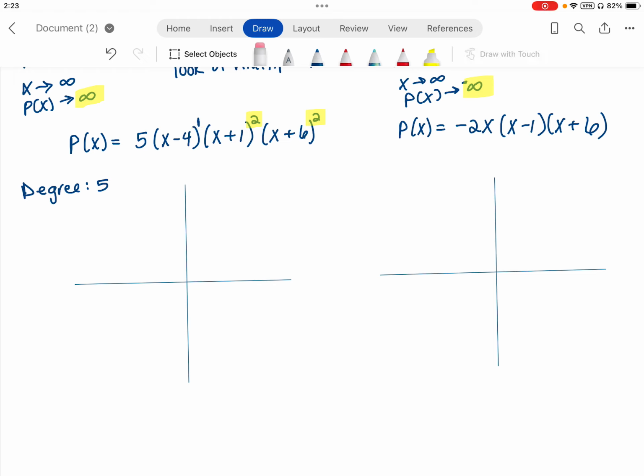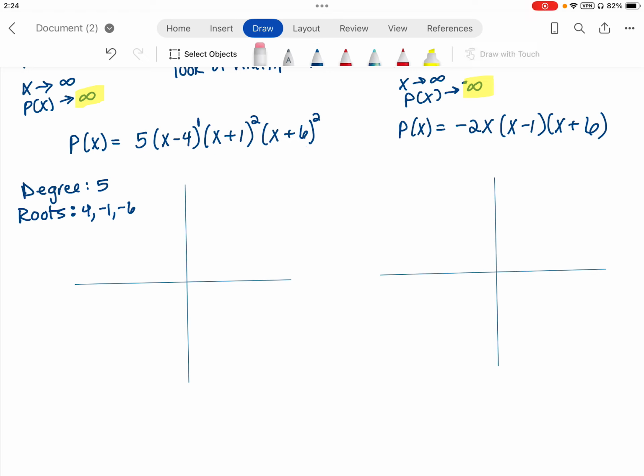And we have roots, or zeros, however you want to think about that. We have a root at 4, we have a root at -1, and we have a root at -6. So the root of 4 from this first one, -1 from this one, and -6 from that one.